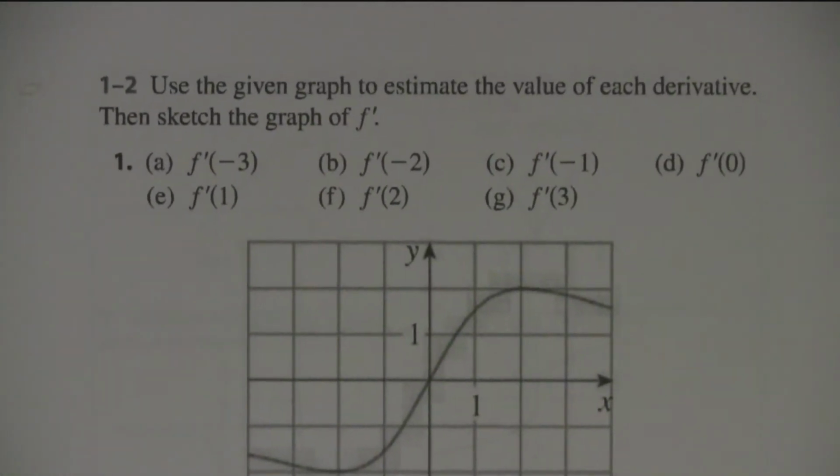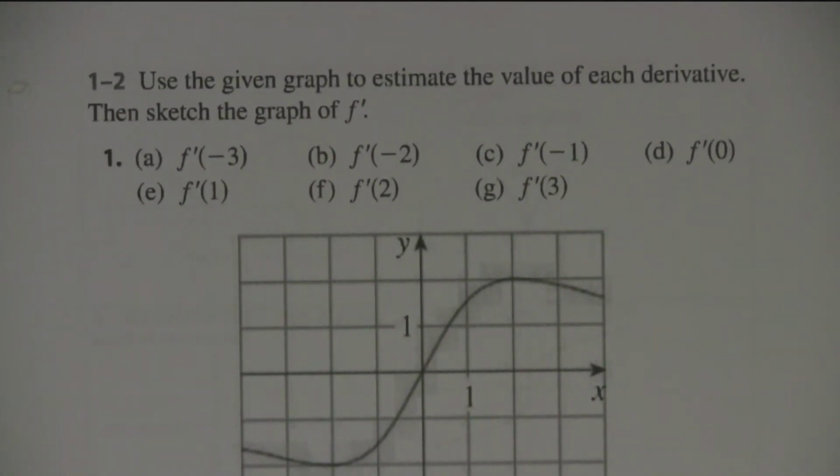Oh no, it's going to take a ruler. Okay, now they're wanting us to get the idea of what the derivative is. So it's not really how accurate you are on this, it's that you get the idea of what you're finding. And so when they ask me to find f prime at -3, they're not asking me to find f at -3, a point.